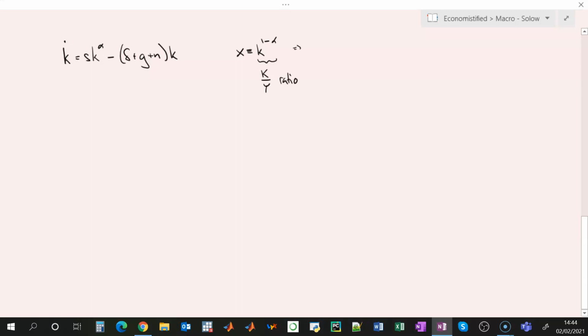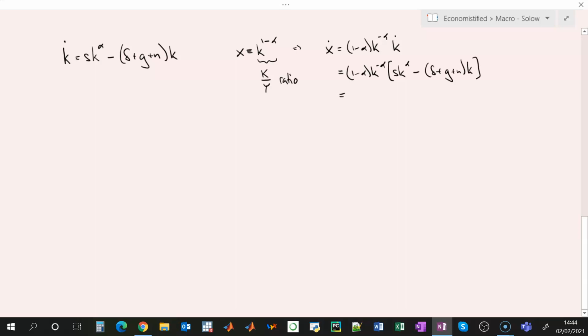We do this as follows. So let's find the derivative of x with respect to time. We use the chain rule here. There's, of course, 1 minus alpha times k to the minus alpha times k dot. But we know what k dot is. We're given that initially. It's as follows: s k to the alpha minus this term.